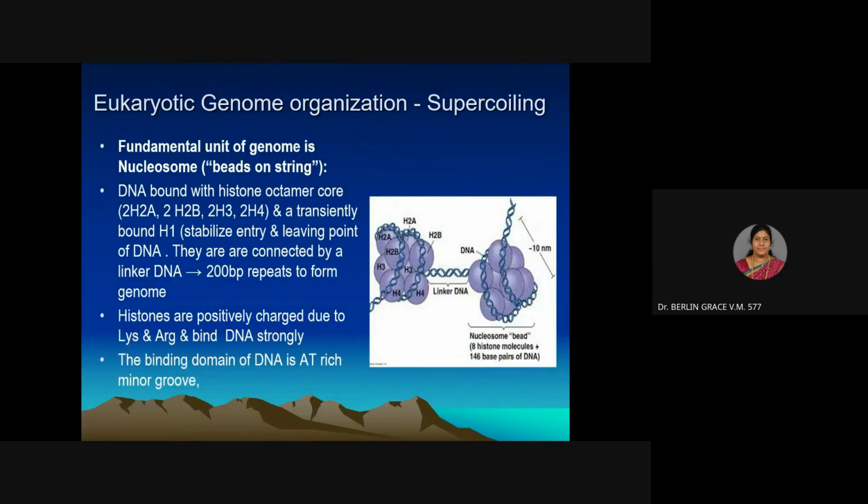Eukaryotic genome organization itself is very complex. This we call supercoiling. In prokaryotes, we have seen the supercoiling positive, negative. Same way, here also the DNA undergoes supercoiling, but here it is around a histone protein. So this will give a basic unit of genome called nucleosome, beads on string.